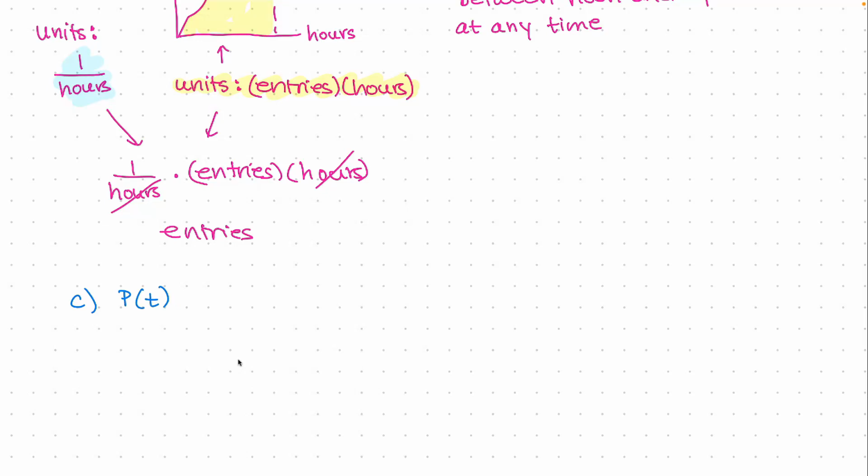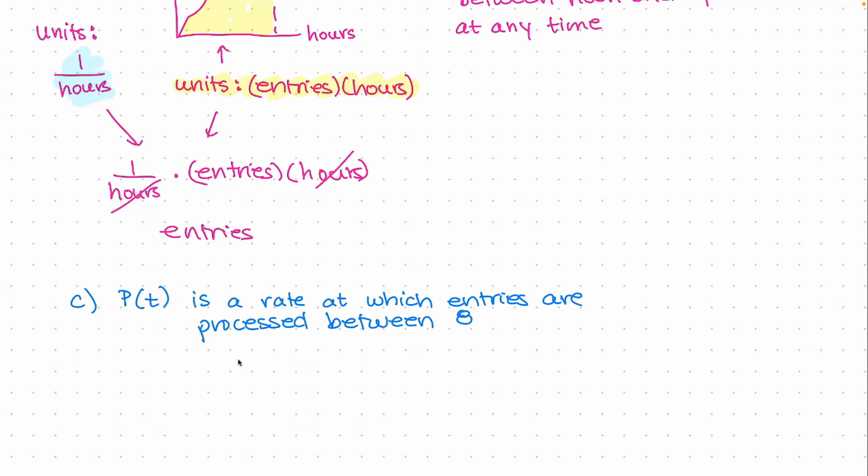They say p of t is the rate at which the entries are being processed between 8 p.m. and midnight.